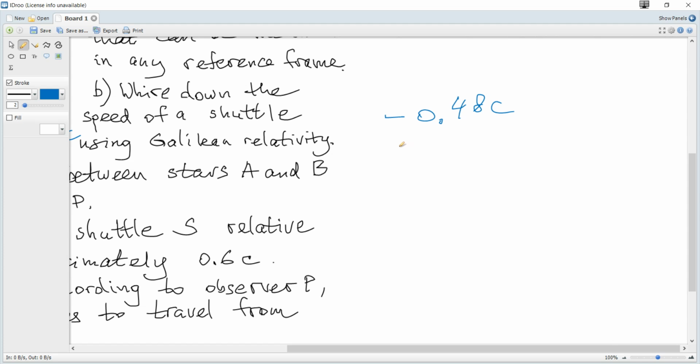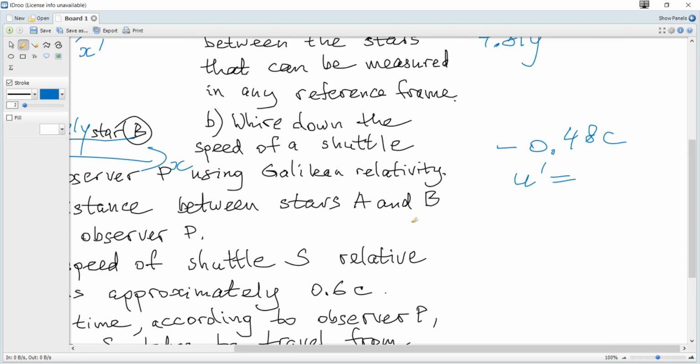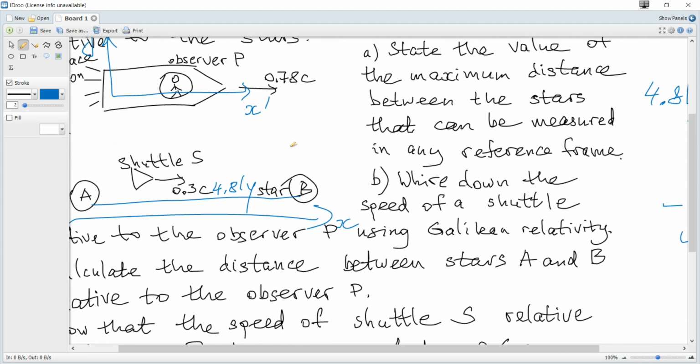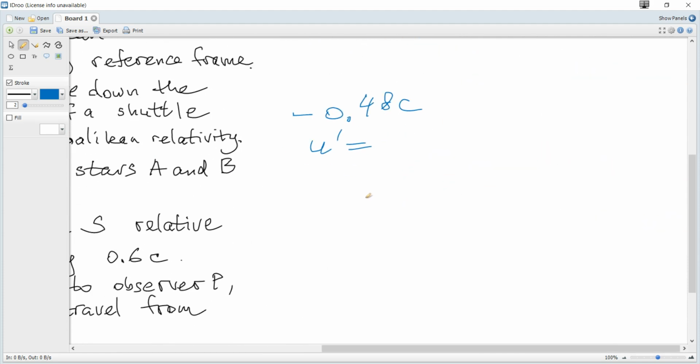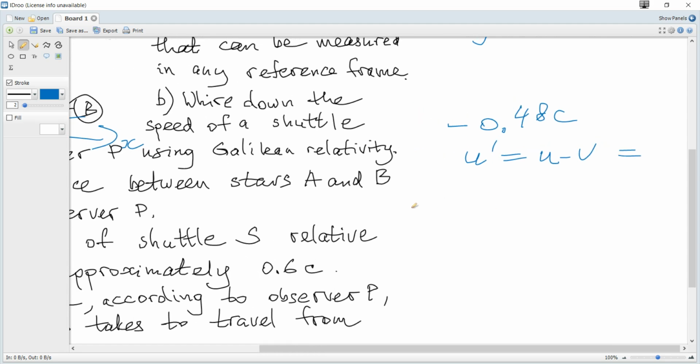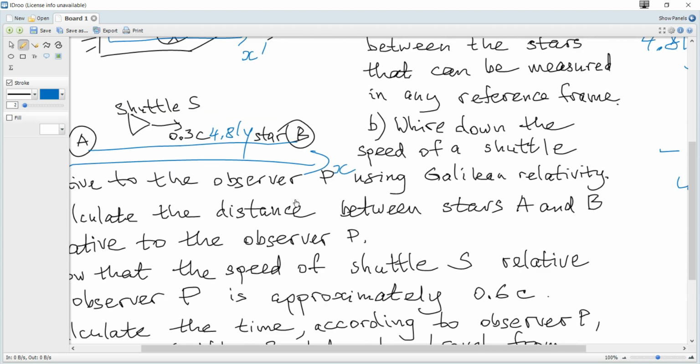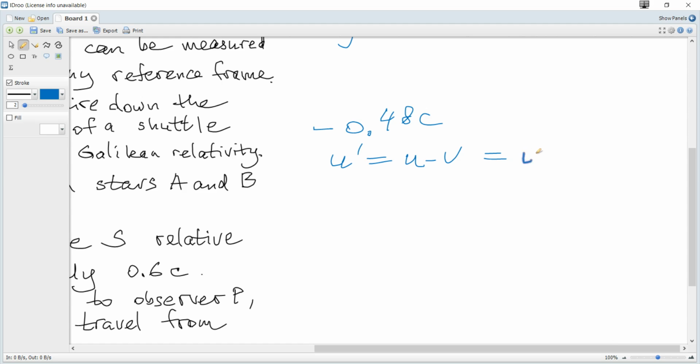Or you may use the formula directly. It is given in the data booklet. For Galilean relativity, u prime, which is in the moving reference frame, relative to the observer P or the space station, is equal to u minus v. And what is u? u is the speed in the not primed reference frame relative to the stars, and plus means to the right, minus to the left, so it's plus 0.3 c.